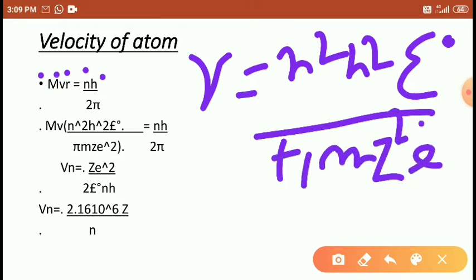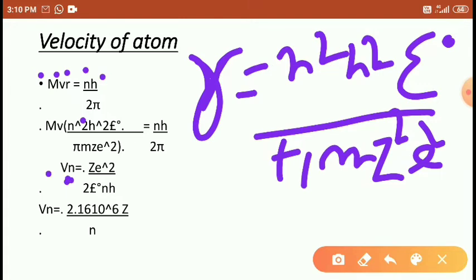If you substitute this r value here, then rearranging, Vn means the velocity at energy level n, for energy levels 1, 2, 3, v is the velocity.